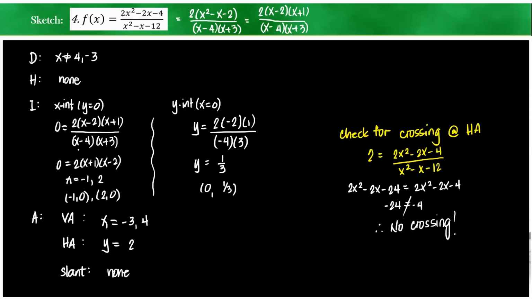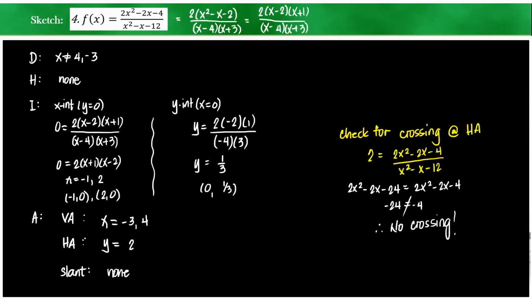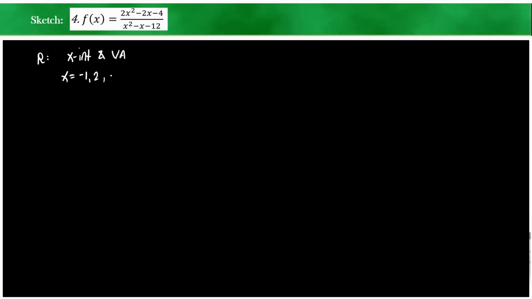Last na, regions. The regions come from the x-intercept and vertical asymptote. So, let's look at those x values. X-intercepts are -1 and 2. Vertical asymptotes are -3 and 4. Those are the values.